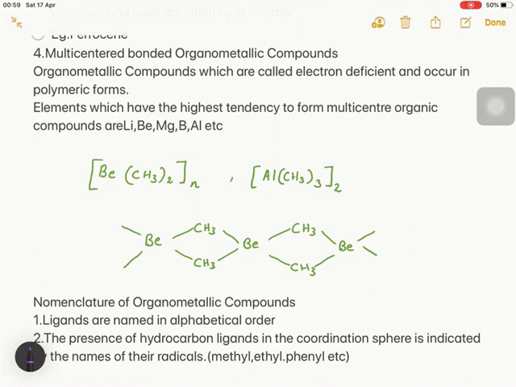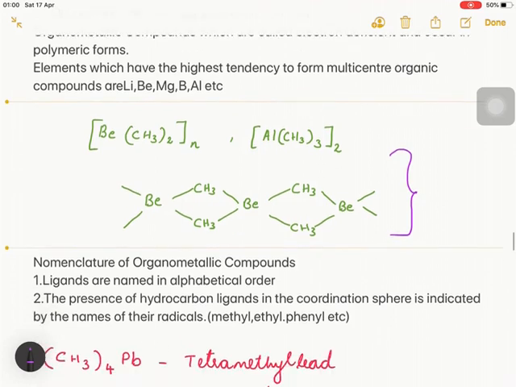All these are examples of multi-centered bonded organometallic compounds. Elements which have the highest tendency to form multi-centered organometallic compounds are lithium, beryllium, magnesium, boron, and aluminium. So here you can see examples of multi-centered bonded organometallic compounds.